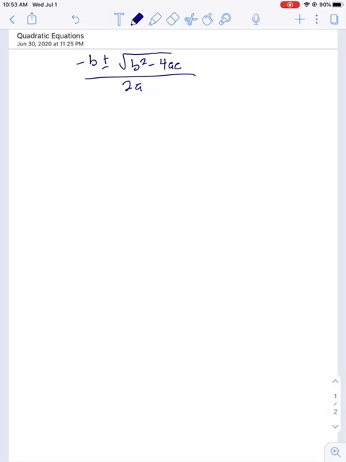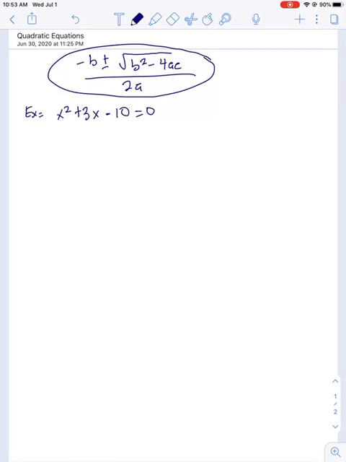Let's say you're given an example such as x squared plus 3x minus 10 equals 0, and you want to find the two values of x. You can use this formula to solve this problem. Let's go ahead and do that, and after that I'm going to show you the simplest way to approach this type of question that doesn't require this formula.